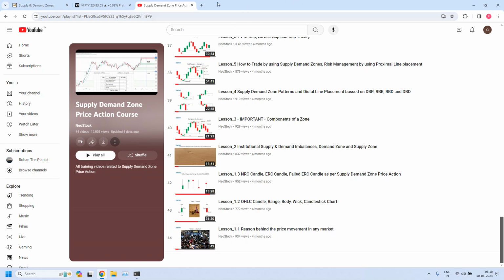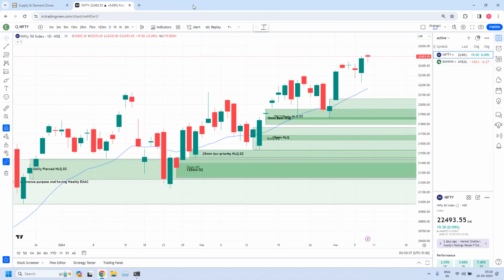Now let's get into Nifty Bank Nifty supply demand zone chain. See, there haven't been many changes in Nifty and Bank Nifty for the weekly and above time frames. So that is the reason why let us analyze the charts from daily and below time frames.